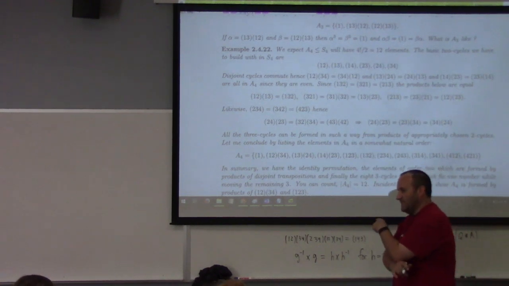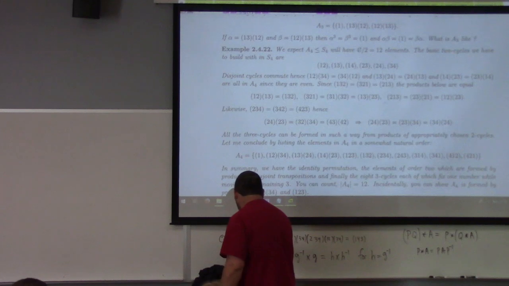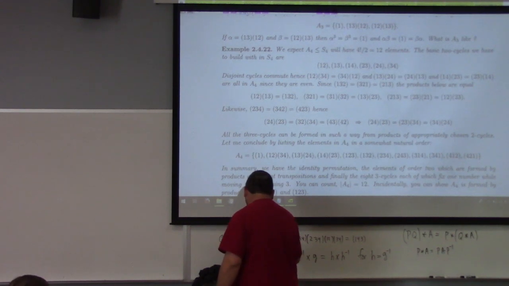So what does this tell us? This tells us that the orbit under the conjugacy action of 2, 3, 4 is equal to, well, we already know 2, 3, 4 is in there from general theorems, right? Any element is in its orbit, by the action of the identity element.